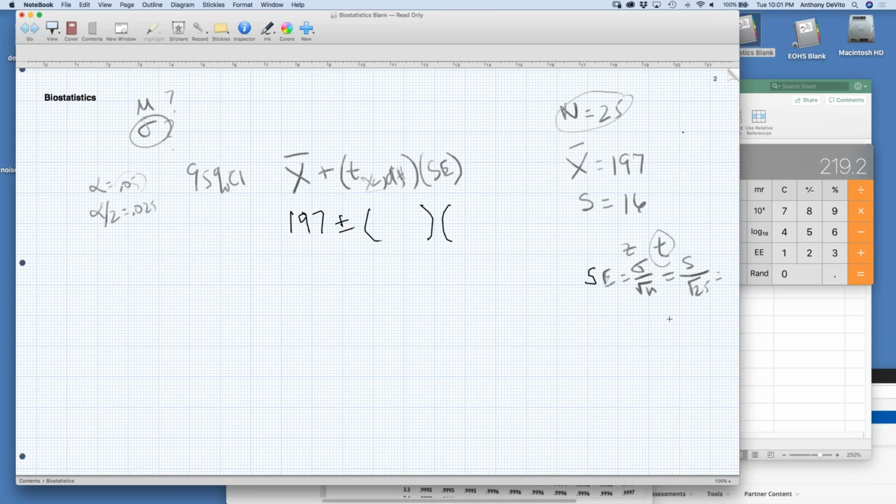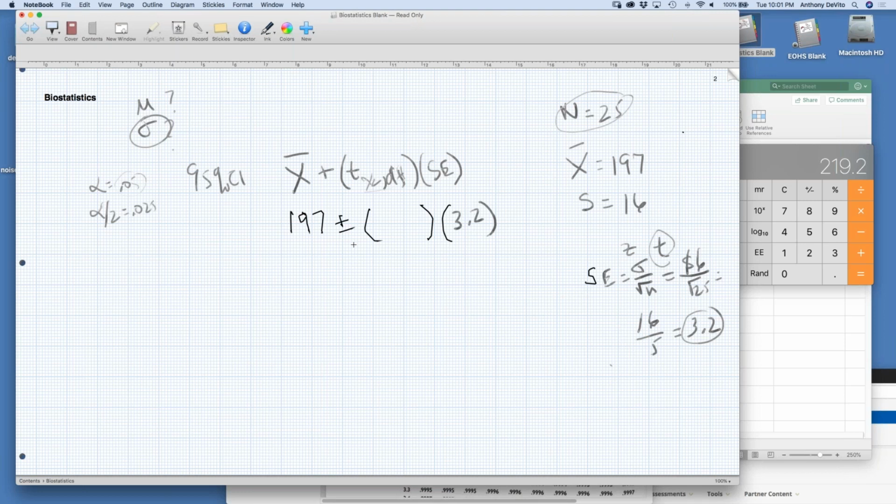That's 16 over 5, which is equal to 3.2. So the standard error is going to be equal to 3.2.